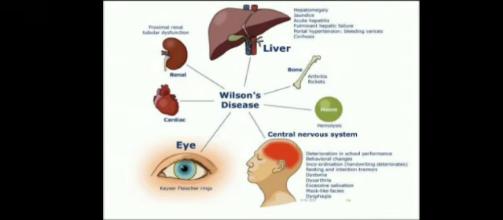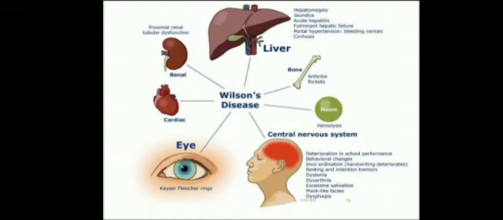In bone, it causes arthritis as well as rickets. Then it leads to hemolysis, and in the central nervous system, it results in deterioration in school performance, behavioral changes, incoordination, that is the handwriting gets deteriorated, resting and intentional tremors, dystonia, dysarthria, excessive salivation, mask-like face, and then dysphagia.